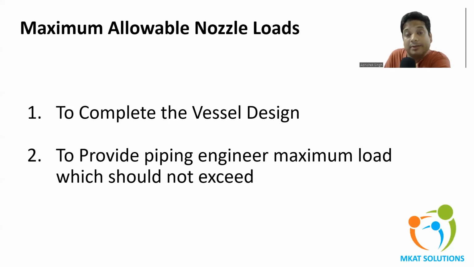Whether that is available or not, we can follow some standards like EIL standards, where again, on the same nozzle size and flange rating basis, the maximum allowable nozzle loads are already provided to us. But please remember, these are not actual loads. They are just loads we have taken based on some reference.